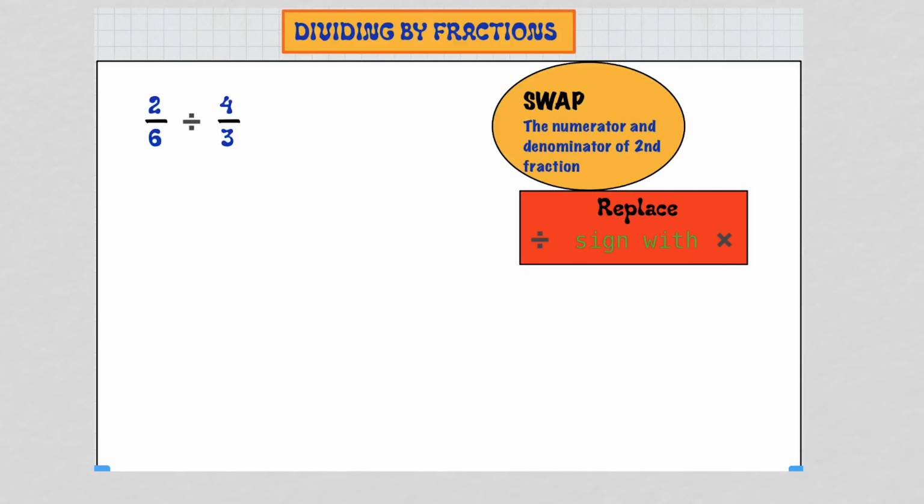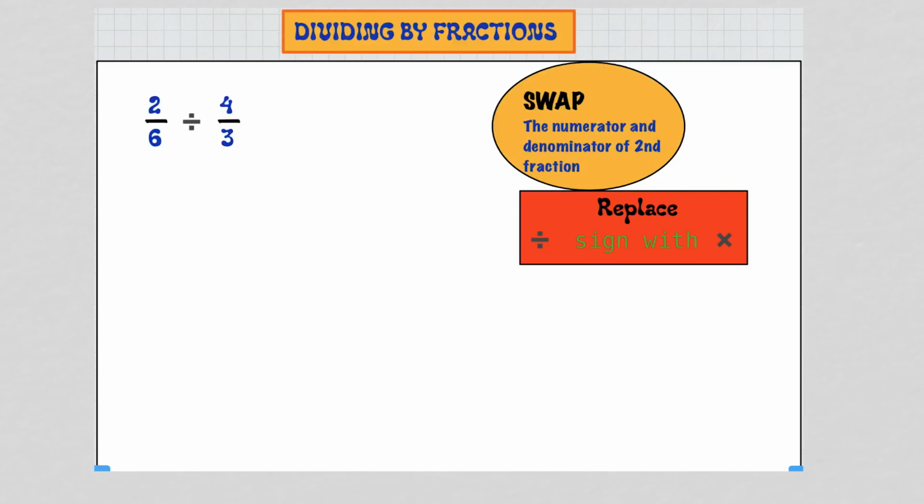Again, that's the only thing in it. Please swap, or swap means change the numerator and denominator of the second fraction. Numerator becomes denominator and denominator becomes numerator. And when you do that, you replace this division sign with a multiplication sign.